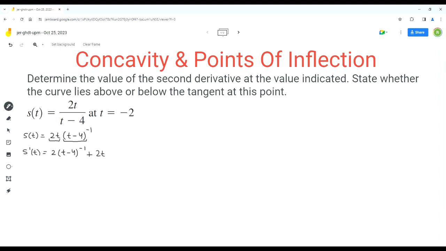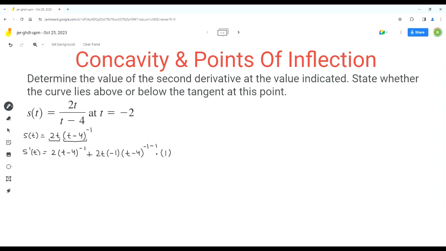We'll move the exponent -1 to the front and subtract 1 from the exponent, times the derivative of the inner function. The inner function is t minus 4 and the derivative of that is 1 minus 0. We can ignore the 0.